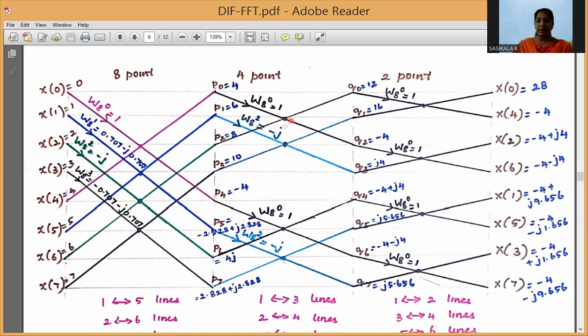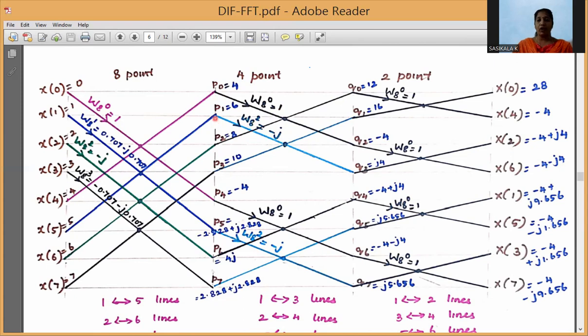For the first butterfly, the first and third line is connected. Again, this first and third line is connected. Immediately put a dot at the intersection point and write the twiddle factor W8 power 0, which is 1. In the 4 point, you'll be getting only 2 twiddle factors, that is W8 power 0 and W8 power 2.